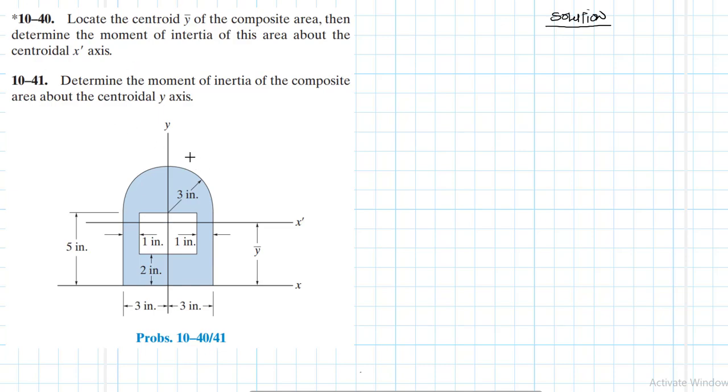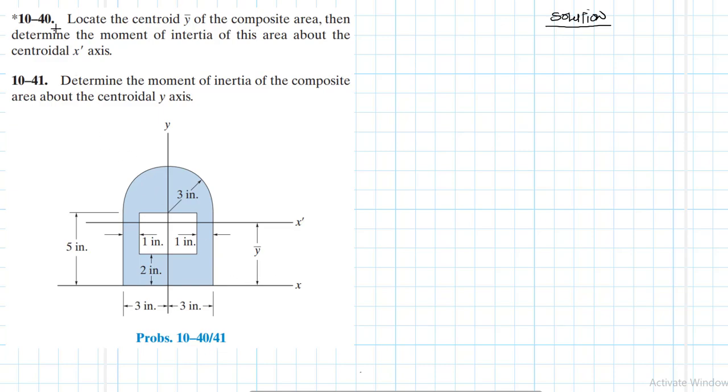So let's assign this composite body the geometric properties. Mind you, the first thing is to find the centroid y bar, that's the centroid along the y-axis. So let's give it the geometric properties that will enable us to find that.